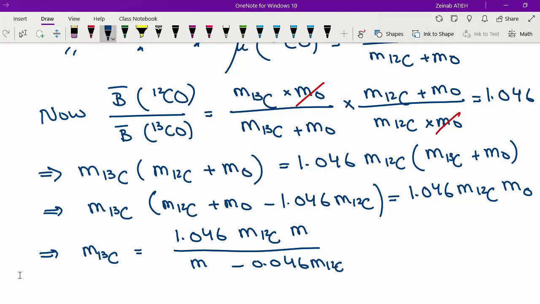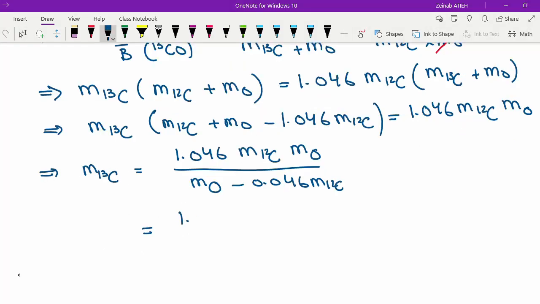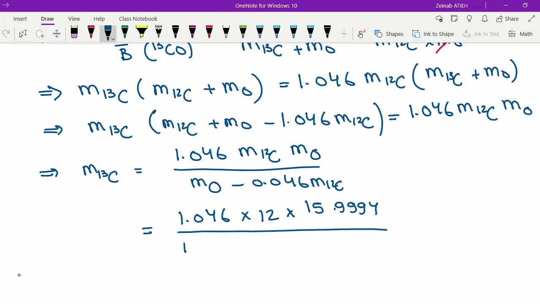Let us substitute: 1.046 times the mass of C12, which is given as 12, times the mass of O, which is given to be 15.9994, divided by 15.9994 minus 0.046 times 12.